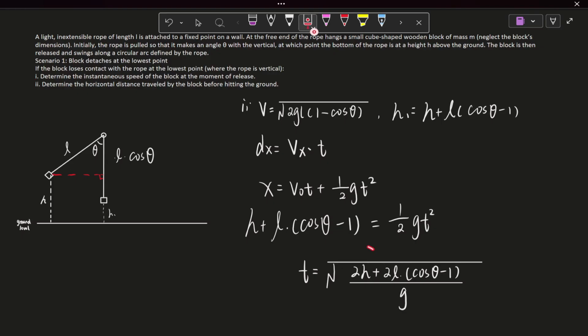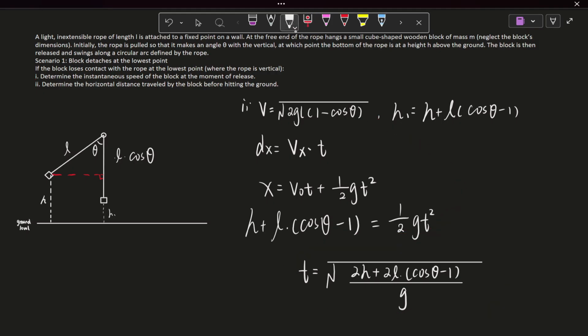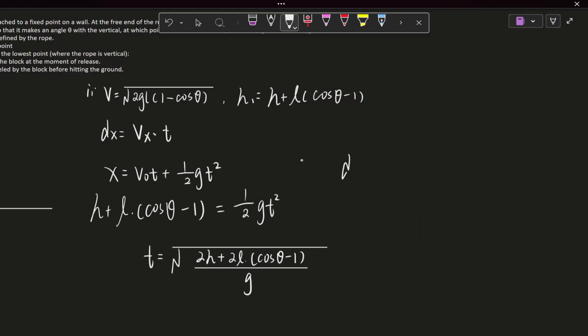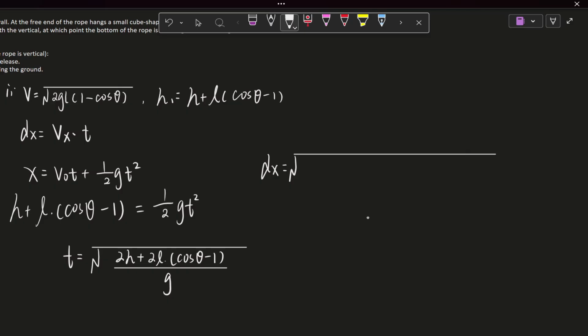And now let's multiply this t by the v we found previously. I'll just write it here. Dx is just equal to everything under the square root of 2gL times 1 minus cosine theta times (2h plus 2L times (cosine theta minus 1)) over g.